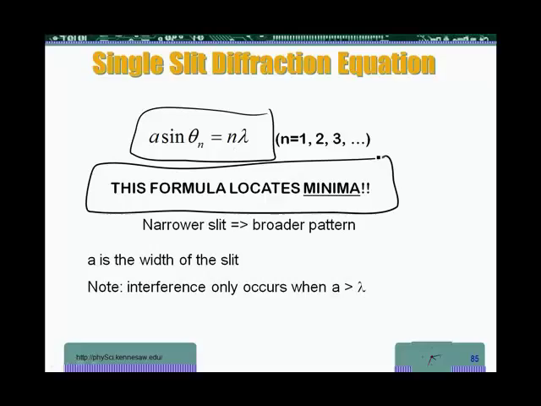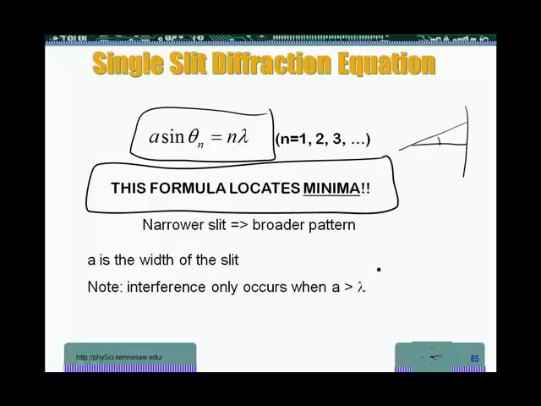Look at what's playing a role here: a, which means the bigger the a, the smaller theta, or the smaller the position of the minima, and the larger the lambda, the broader the pattern.